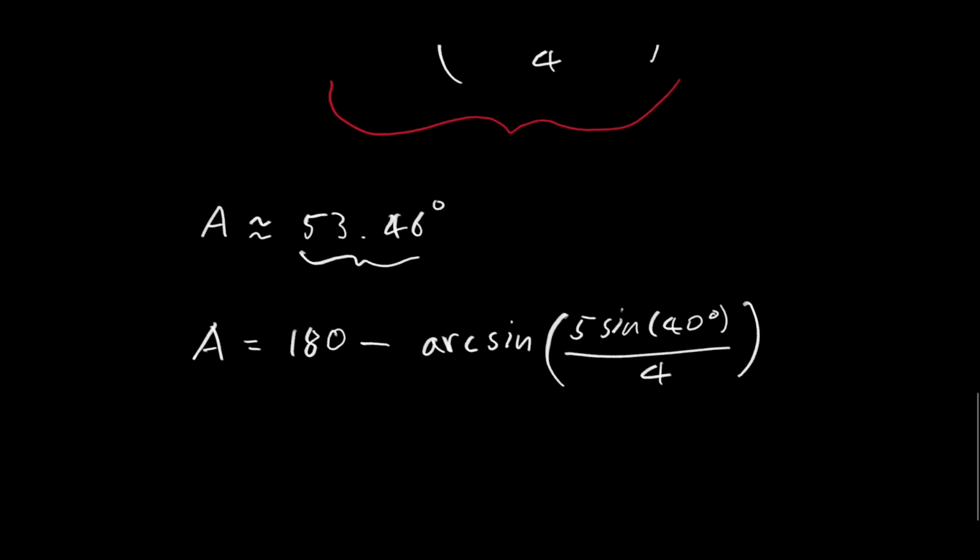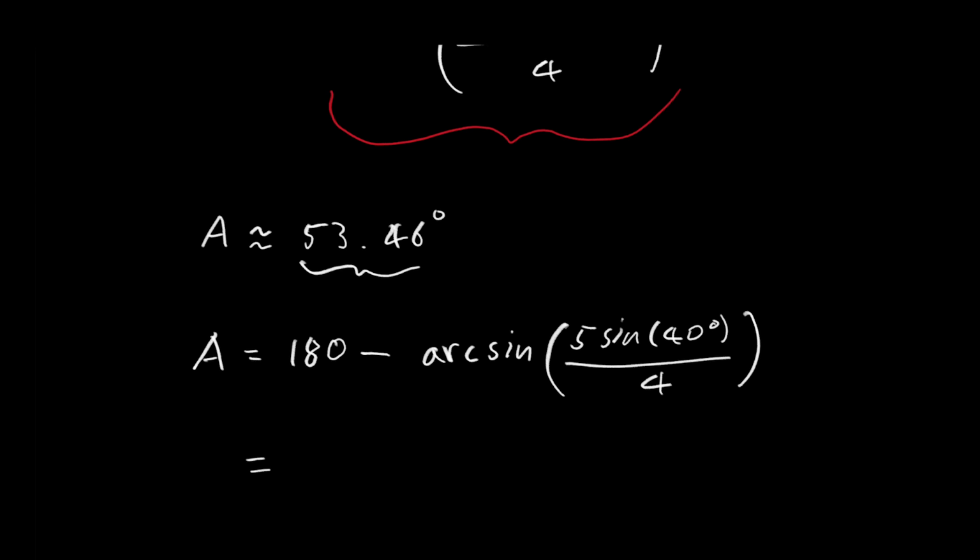That way, when you approximate, if you punch this into a scientific calculator, your approximation doesn't lose any more accuracy than it has to. So punching this into a scientific calculator would yield approximately 126.54 degrees.